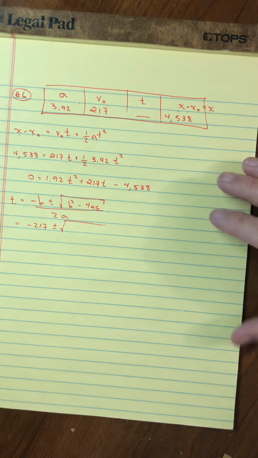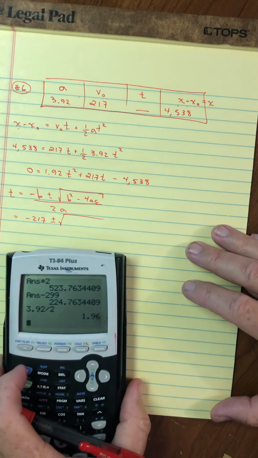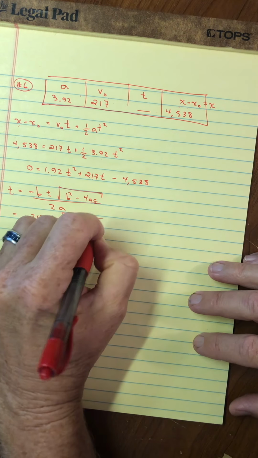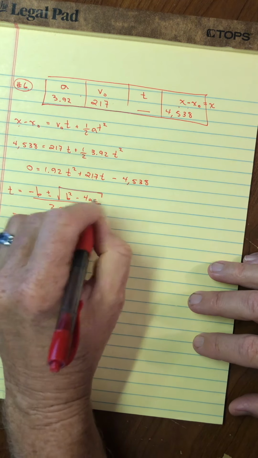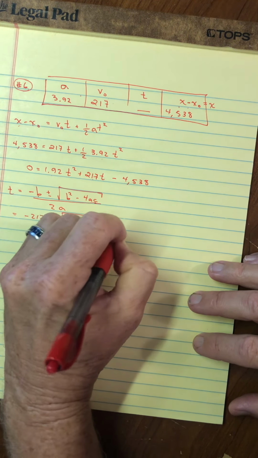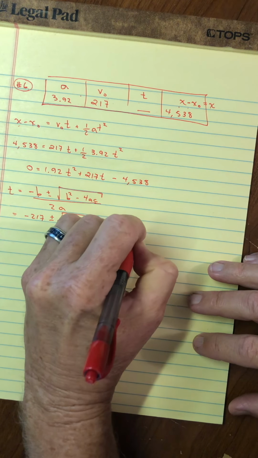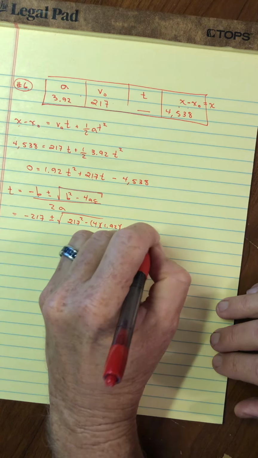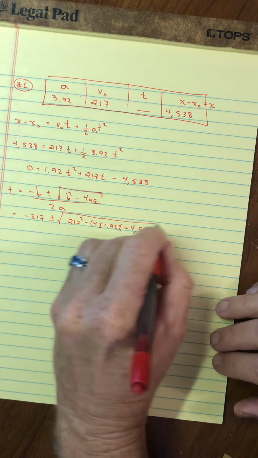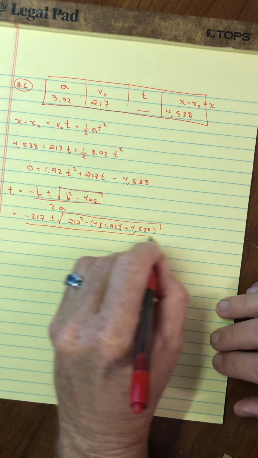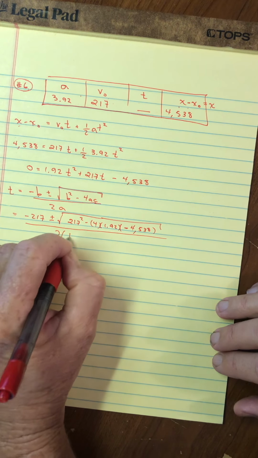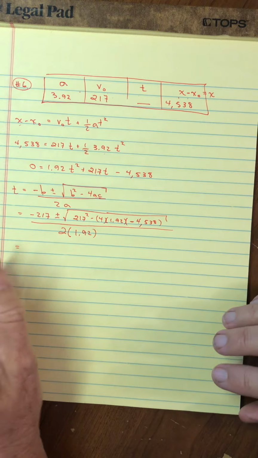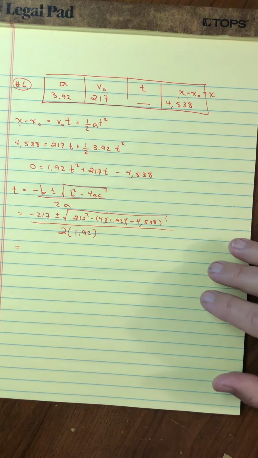If I put in b squared, I'll just write it as 217 squared minus 4 times a, which is 1.92, times c, which is a negative 4,538. And then if I divide that all by 2 times a, 1.92, we get what?